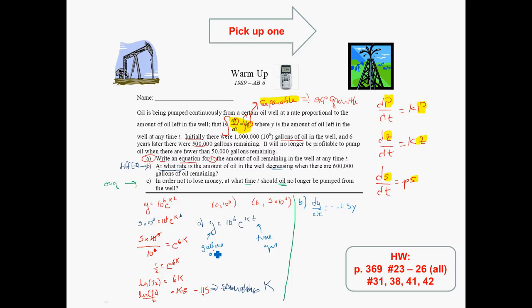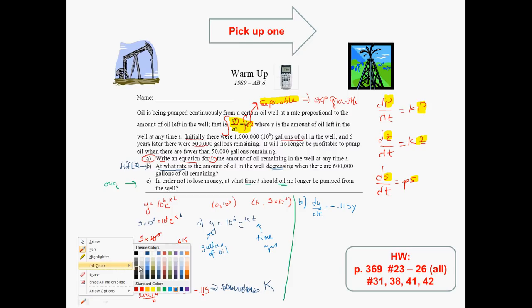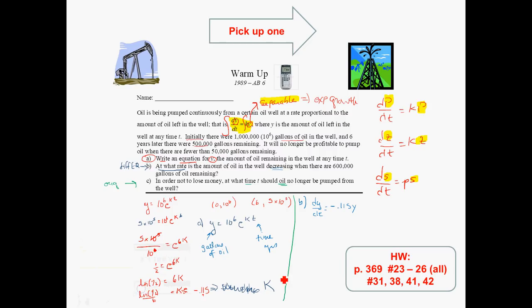So the rate of change in gallons per year is negative 0.115 times gallons, right? So what am I going to put in for y? You're going to put in, what did I ask for, 600,000.